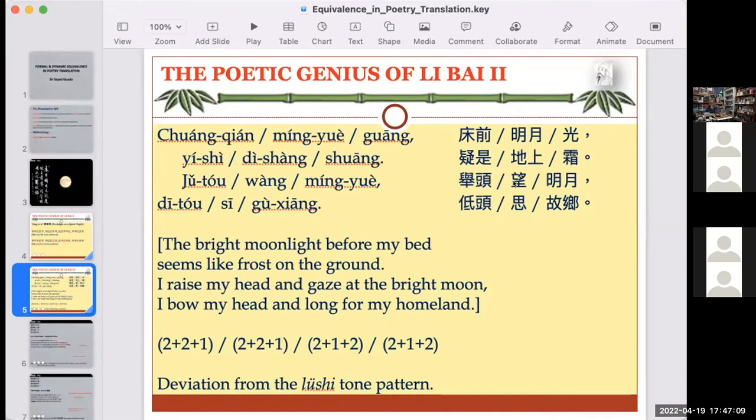居头望明月, 低头思故乡. We notice here there is also a change if we scan the poem this way: 2, 2, 1, and then 2, 2, 1, and then 2, 1, 2, 2, 1, 2. Is there any meaning for this change in the rhythm?